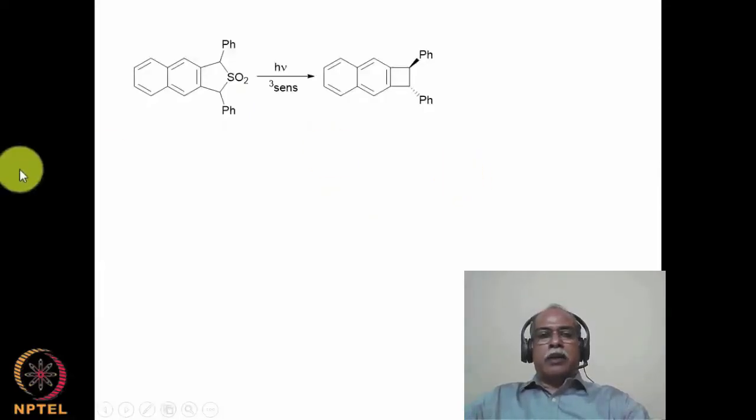Here is a higher homologue of the naphthalene system undergoing the chelotropic elimination of sulfur dioxide to give the corresponding quinodimethyl. The quinodimethyl under the photochemical condition essentially forms the trans diphenyl isomer of the naphthocyclobutene kind of molecule, just like benzocyclobutene.